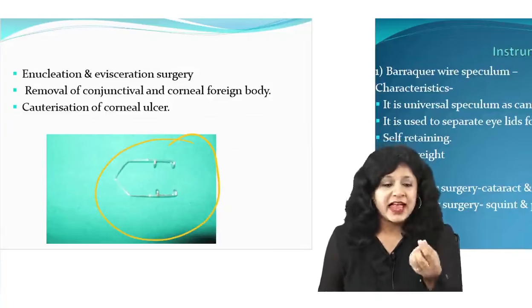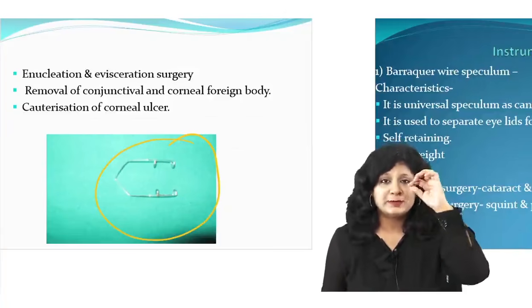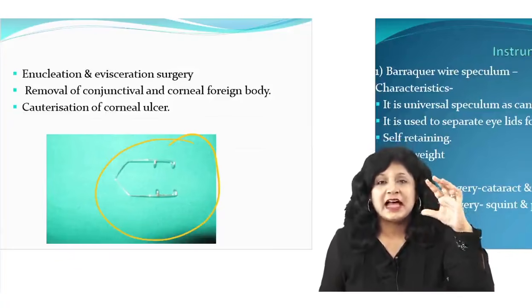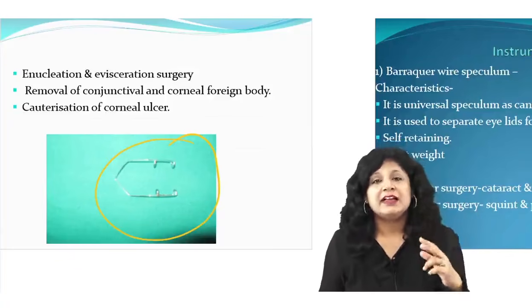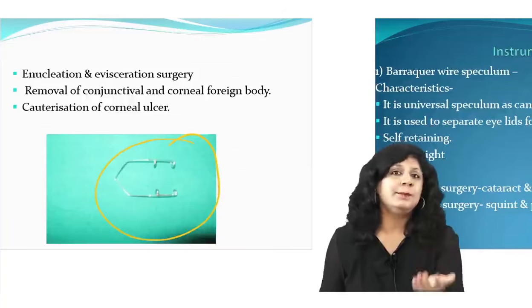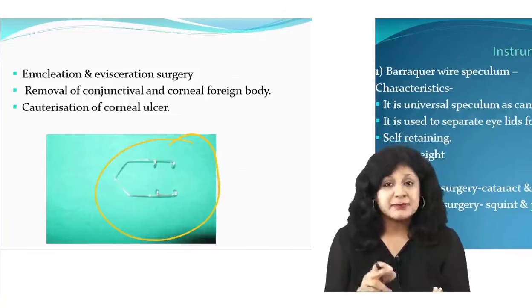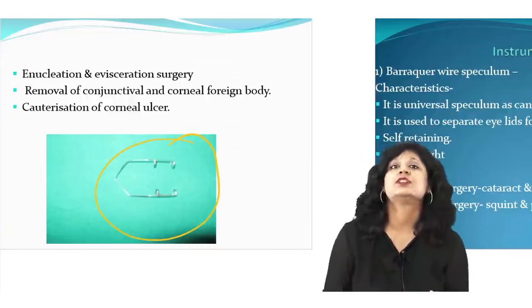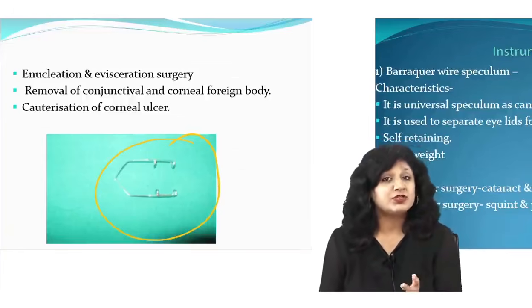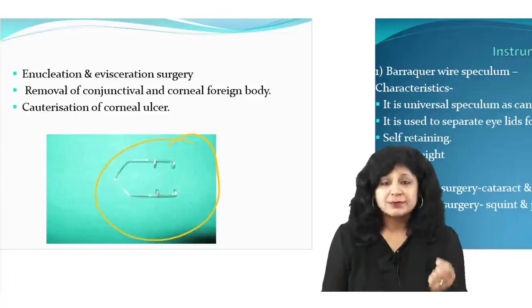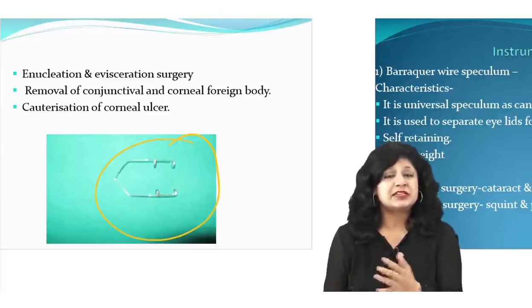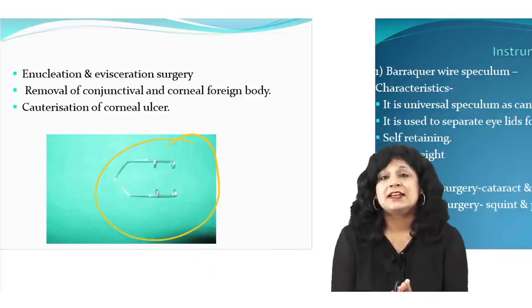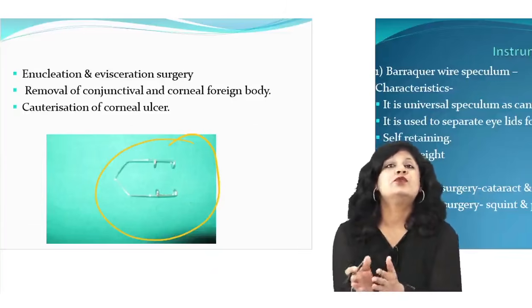So that is why it is called the universal speculum. And the actual purpose of the speculum is to widen the eye. You have to open the eye so that you can do the procedures. So this can be used for the very basic enucleation surgery, the evisceration surgery, the destructive procedures. Then a very common thing that you see in the OPDs is that you have to remove a foreign body.